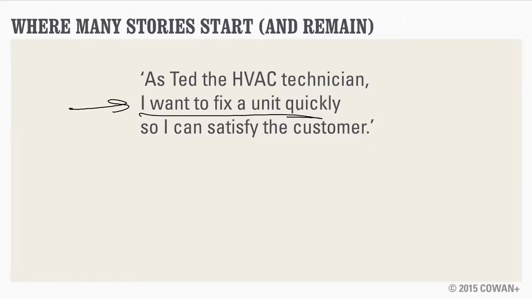So I think that we need to drive to something a little more specific and tangible in the action clause, in this second clause here. And then, "so I can satisfy the customer." Well, this is another thing where we want Ted to satisfy the customer. We want to help him do that. We work at H&H, let's say, we want to have that happen.